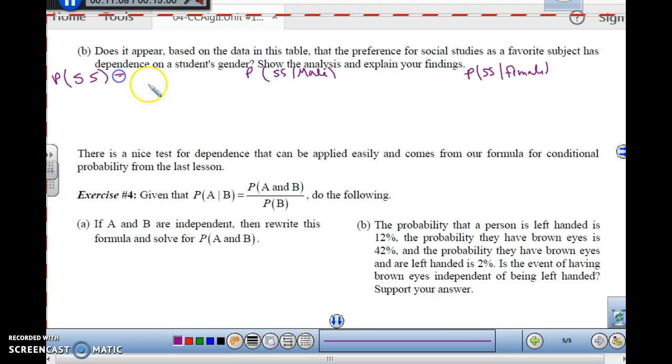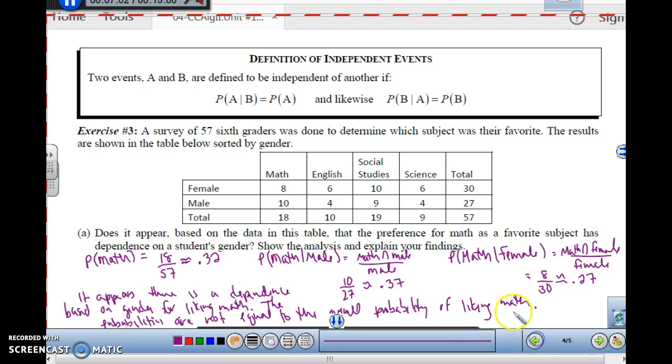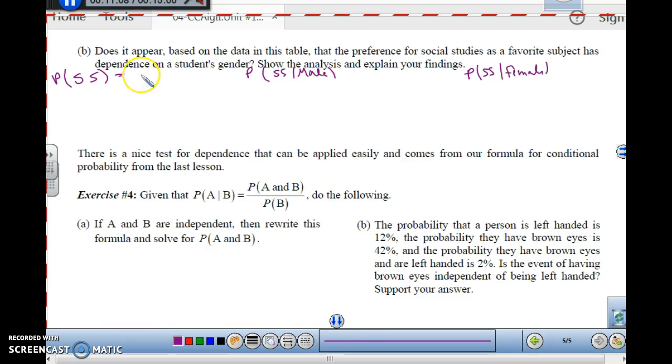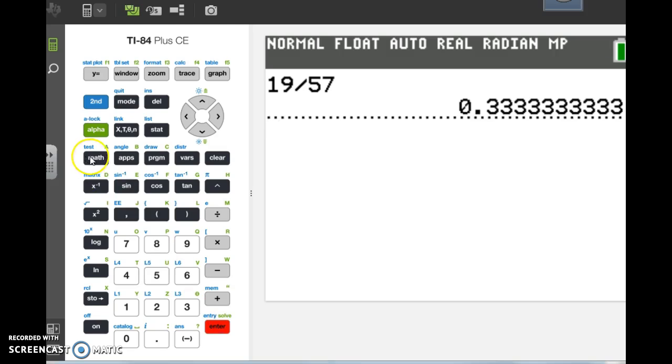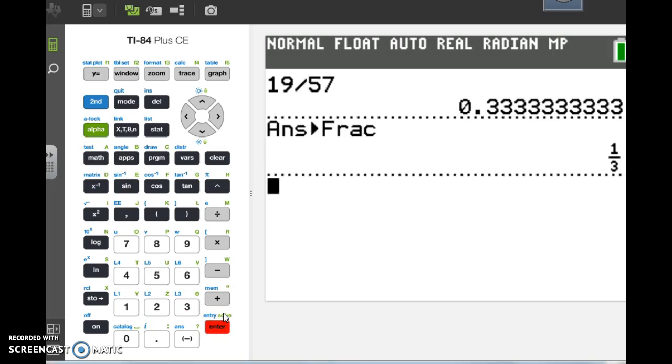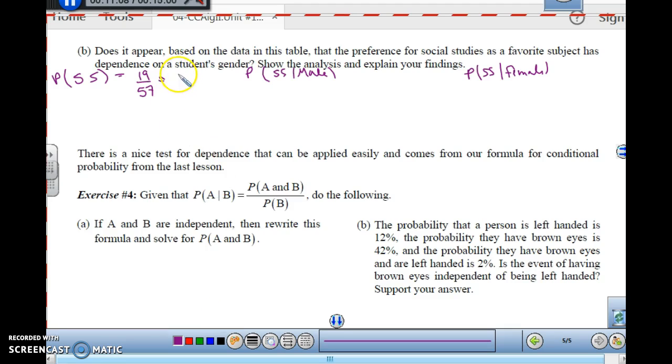Flipping back to my table, liking social studies, there are 19 out of 57. 19 out of 57 is 0.333, which is 1/3, or 0.33 if you want to work it that way.